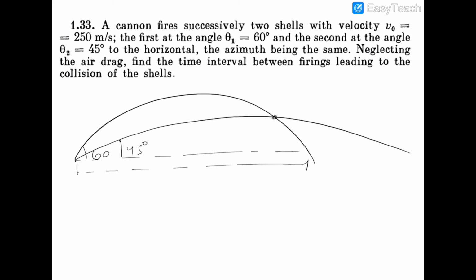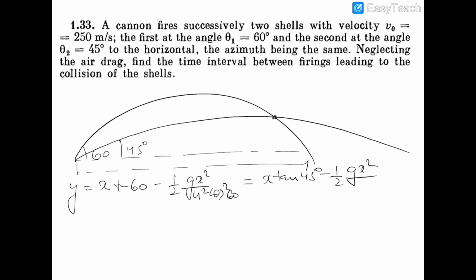Therefore let us write down the equation of trajectory for first one. So it is y is equal to x tan 60 minus half gx square upon u square cos square 60, and this would be equal to x tan 45 minus half gx square upon u square cos square 45.